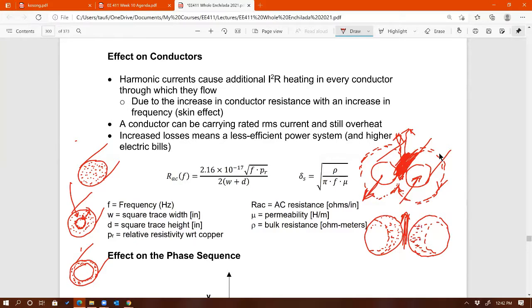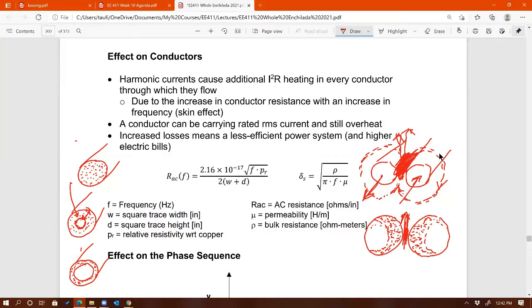So the way the current populates the cross-sectional area is going to be pulled toward, not the center, but toward the area between the two wires, toward the point between the two wires. Okay, so that's proximity effect. Again, the impact will be the same, increased resistance. Any questions on this?